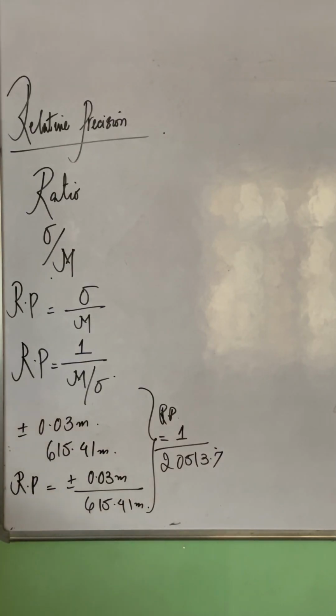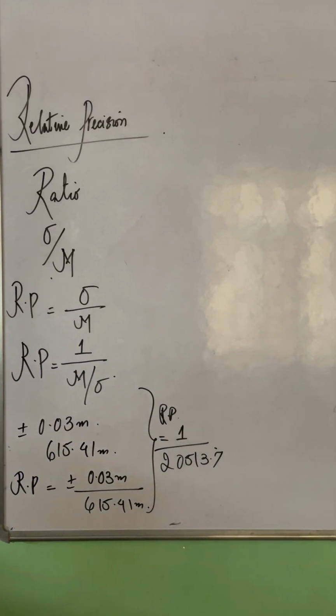And as already discussed, we take numerator as unity. So my relative precision for this particular set of measurements, whose standard deviation came out this, and the mean value of the length of the line was this, came up equivalent to this, and the denominator is rounded off.